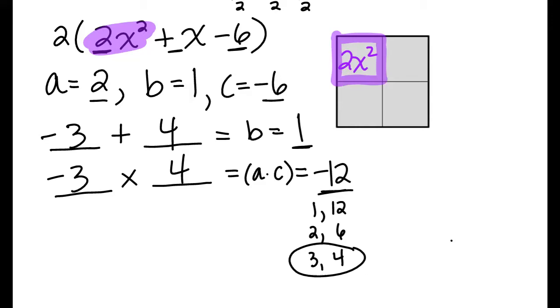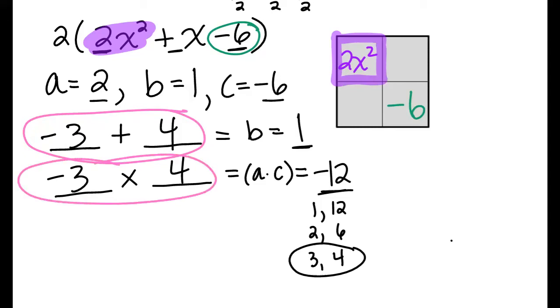And then my C value, which is negative 6, goes in that last box right there. And then for your 2 other ones, you're looking at whatever these 2 numbers were, negative 3 and 4. That's an x, so I need to put a negative 3x and a positive 4x.